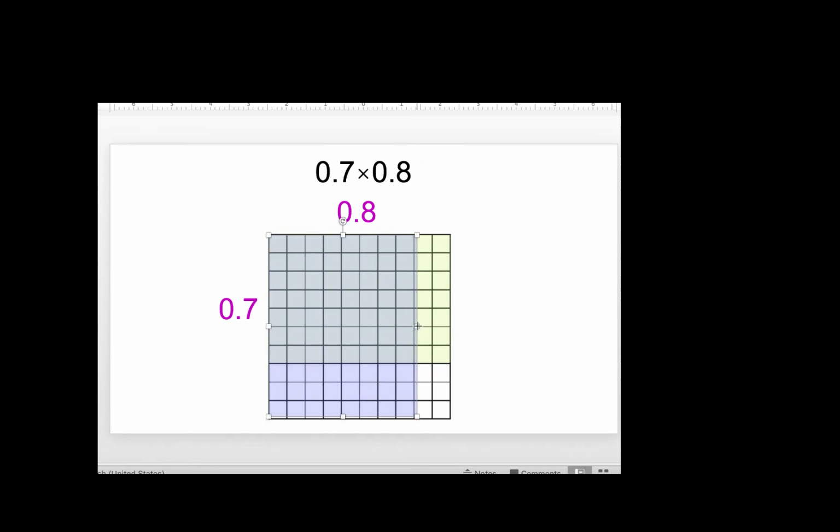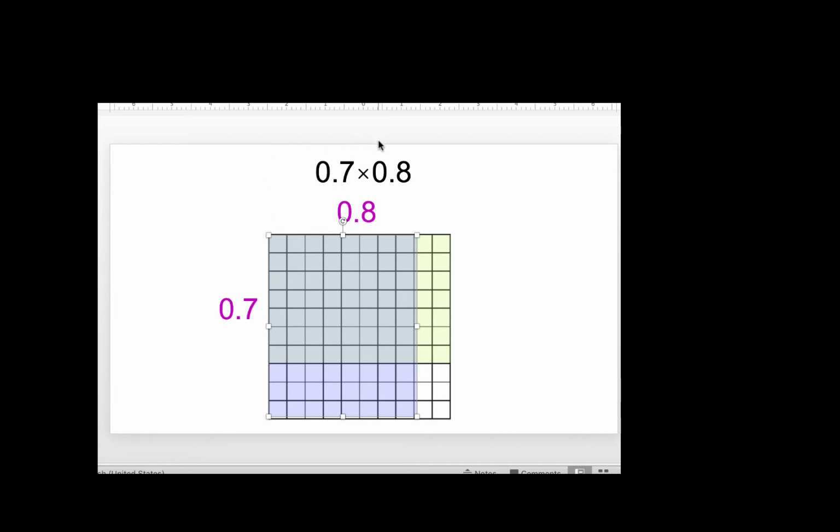Okay, so now remember that the double shaded area is going to be my solution, my product, and that each single equals 1/100th.